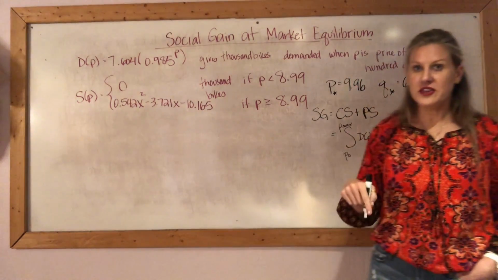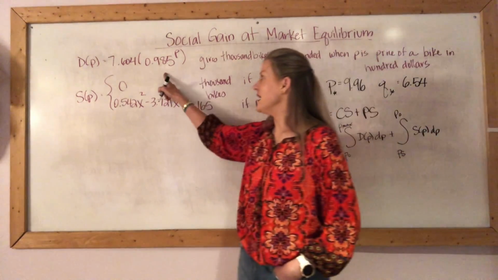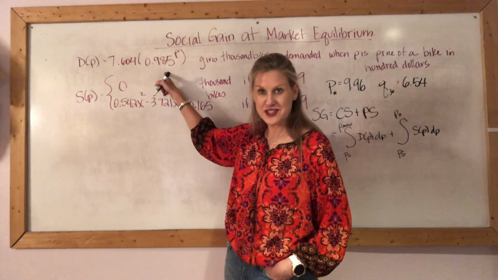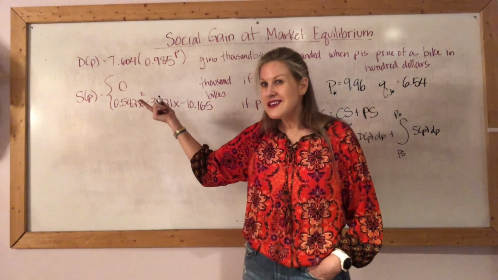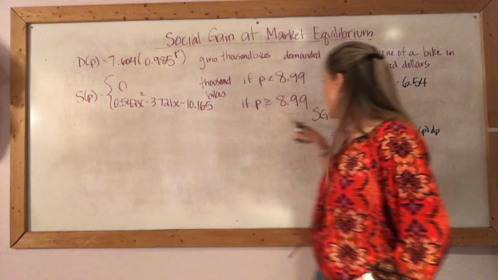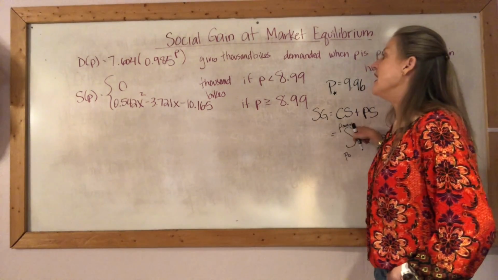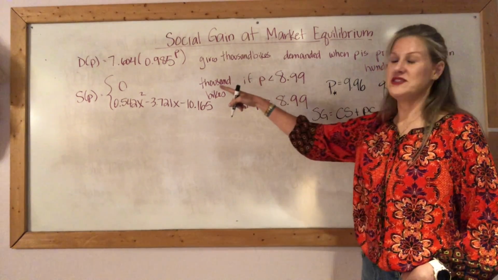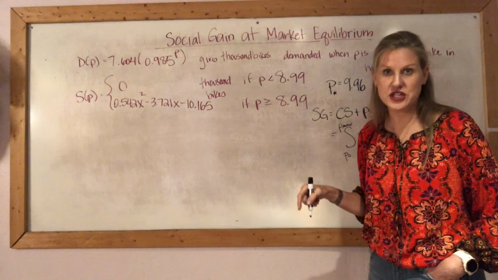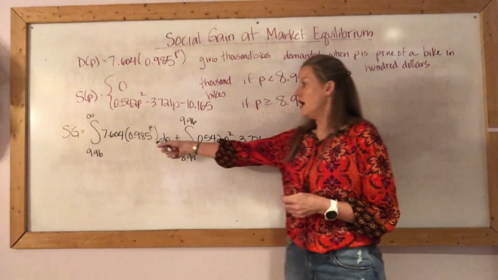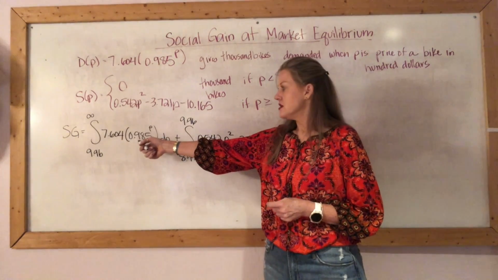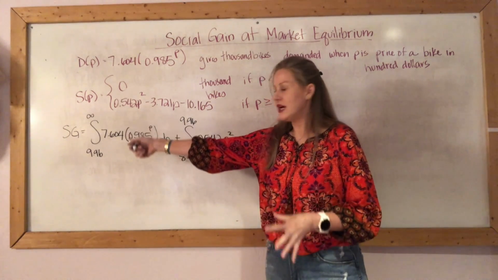So the part that I made snarly is I made the demand function be exponential decay, which means that its P max value will actually be infinity, and that means that I'm going to have to use improper integration on that.